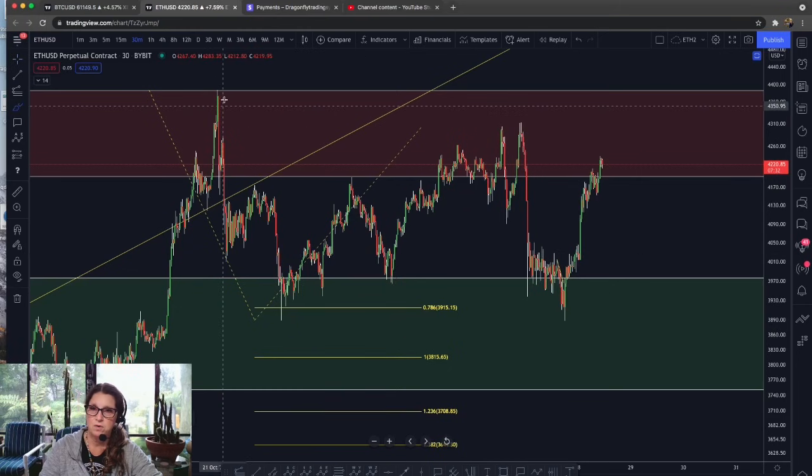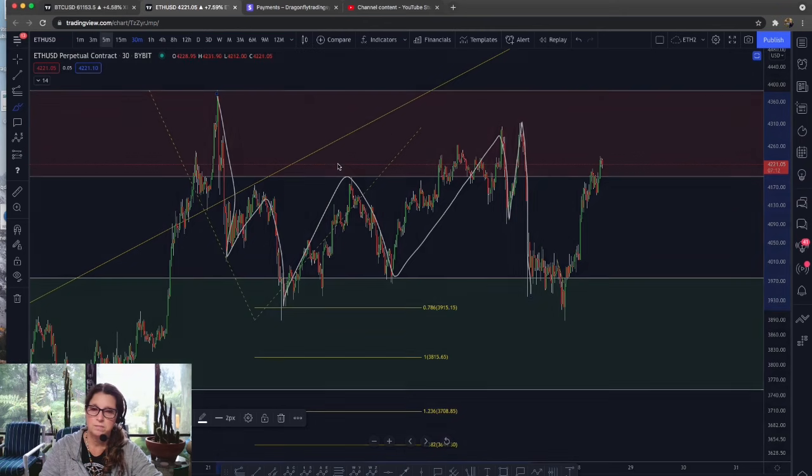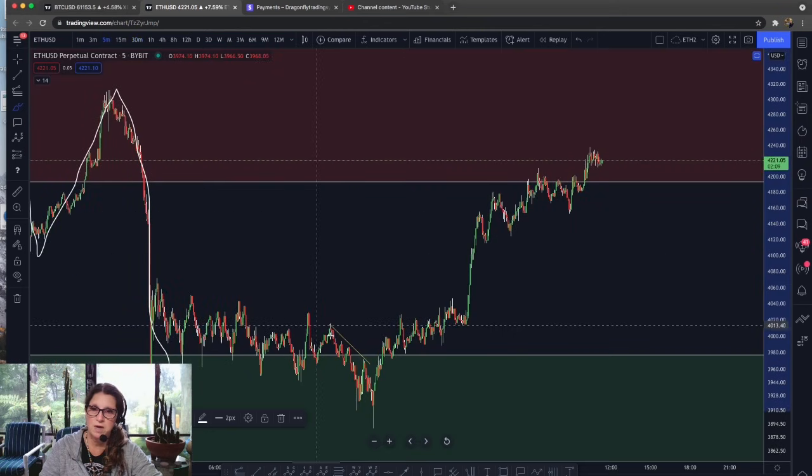We have three waves, and then this here was an expanded flat. But I've got the same problem right here. It's very choppy, and trying to make an ending diagonal out of that is difficult. Not that it isn't one, it's just difficult.